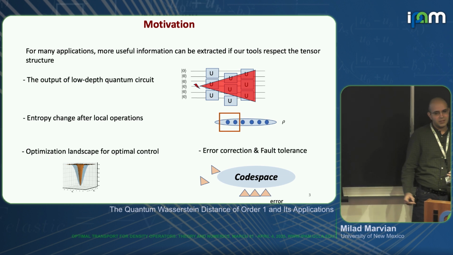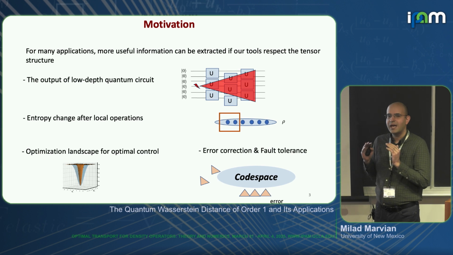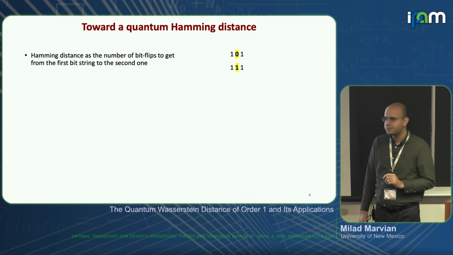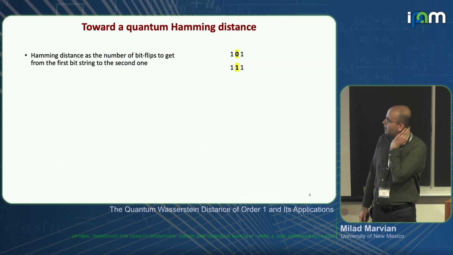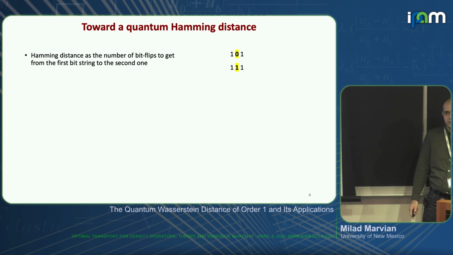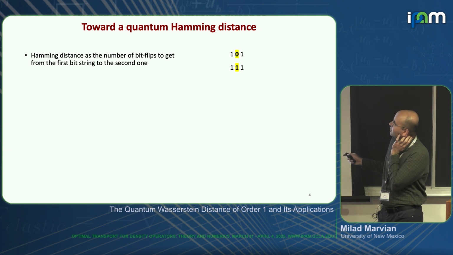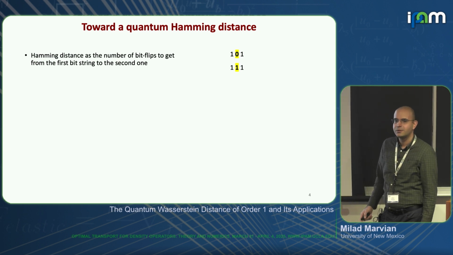As I said, I'm going to motivate it a bit from, let's say, a Hamming distance picture. How should I think about a Hamming distance? I have a bit string and another bit string, and I want to define the Hamming distance between these two. One way is to just think about how many bits I should flip from the first one to get to the second one.